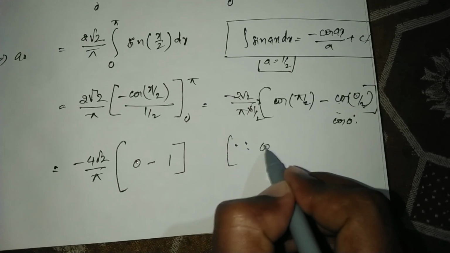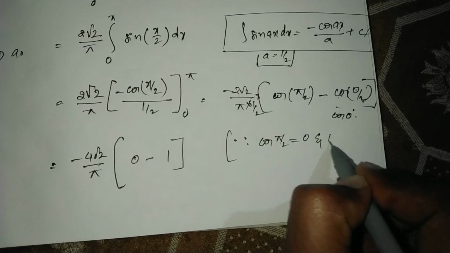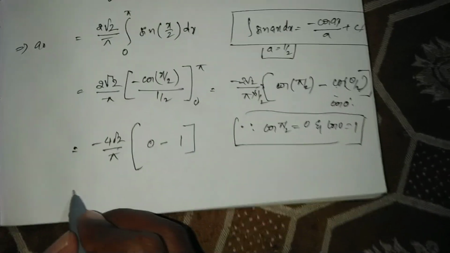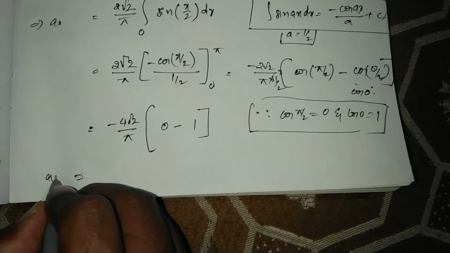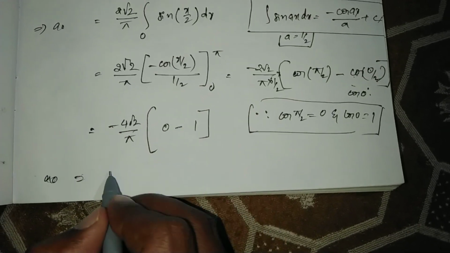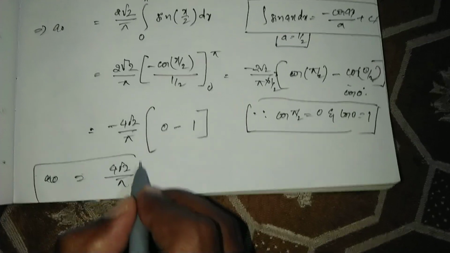Since cos pi by 2 is equal to 0 and cos 0 is equal to 1, now a naught is equal to minus into minus, plus 4 root 2 by pi. This is the a naught value. Now we need to find an value.